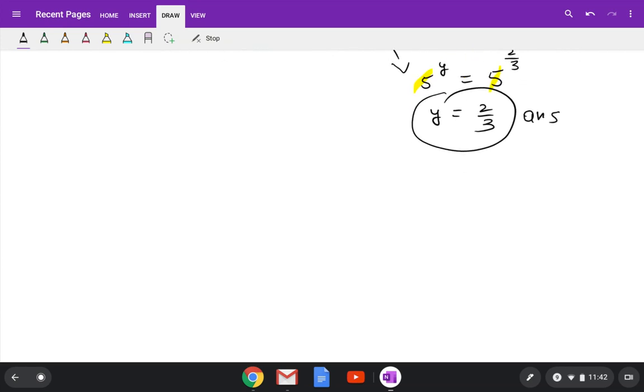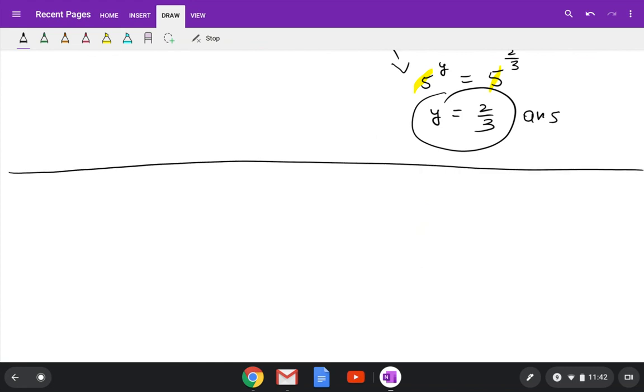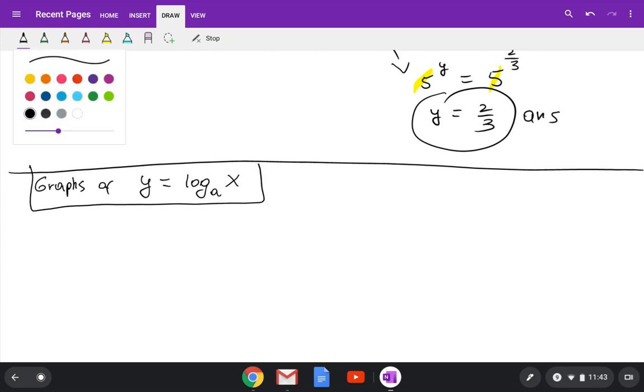So next, we're going to talk about the graphs of y equals log base a of x. Before we graph it, let me write a note.